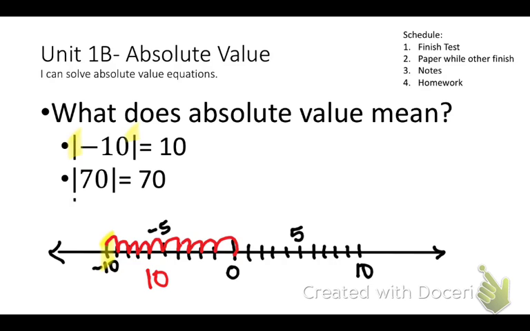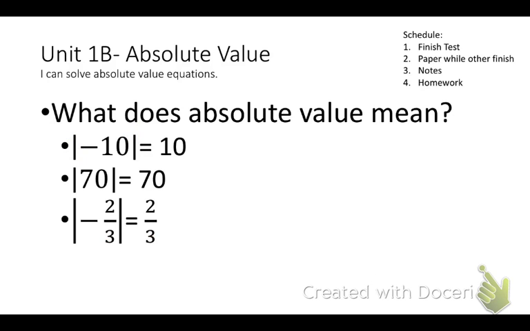All we're doing is talking about the distance from the number we're starting at to 0. This is actually even true when we're talking about fractions. Here is a fraction, the absolute value of negative 2/3. Well, it is clearly 2/3, because it's still that same fraction away from 0, but it's the positive of it.